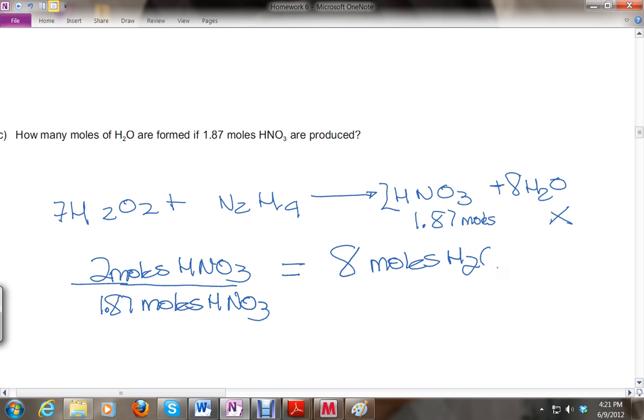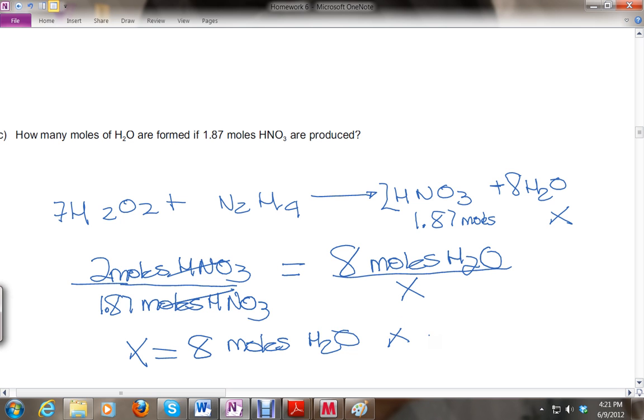If 1.87 moles of HNO3, nitric acid, is used, how many moles of water? So it's going to be, again, 8 moles of water. And then we cancel out again. Multiply by the 1.87 here, divided by 2.